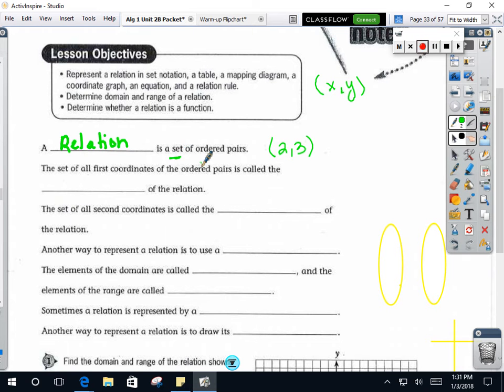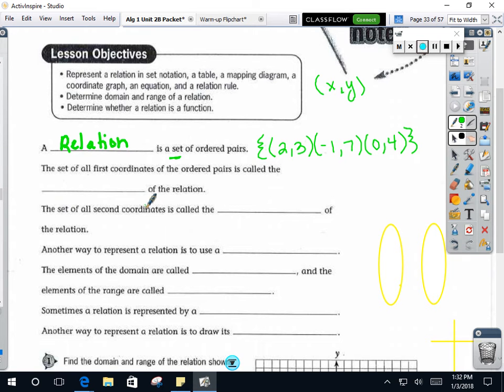To have a set, you must have 2 or more. So I'm going to add some more. I'm going to put (-1, 7), (0, 4), and then I could continue and make as many ordered pairs as I want, but I don't have to. I have enough to be considered a set. You have to have at least 2 ordered pairs to be a set. That's also known as a relation because it's a set of ordered pairs. Any questions so far about what a relation is?